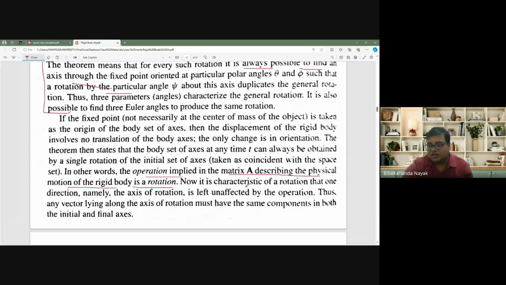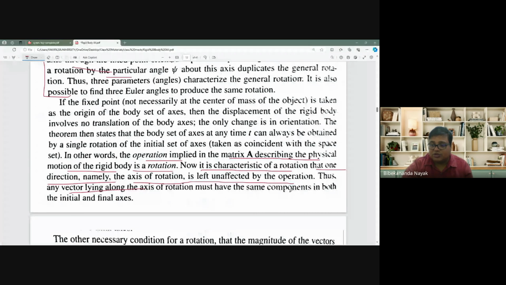Obviously, it is characteristic of a rotation that one direction, namely the axis of rotation, remains unaffected by the operation, and any vector lying along the axis of rotation must have the same components in both initial and final axes. So if a vector lies along the axis of rotation, it will remain the same.